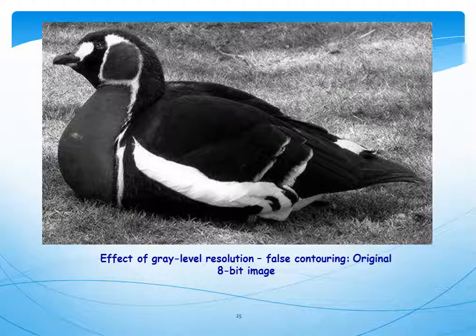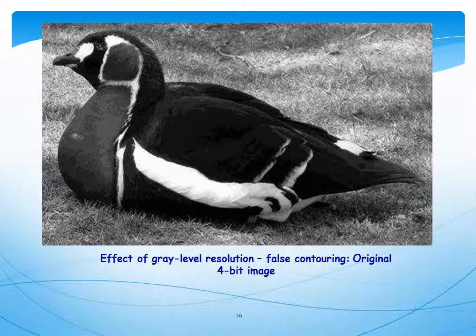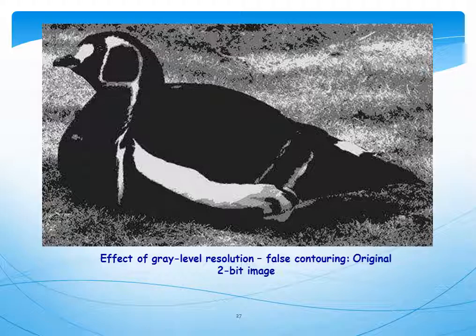The image is getting degraded, the quality of the image is being degraded. First one is 8 bit, next one is 4 bit, and here it is 2 bit. So we can see the quality of the image is gradually decreasing, and it is also seen by our eyes.